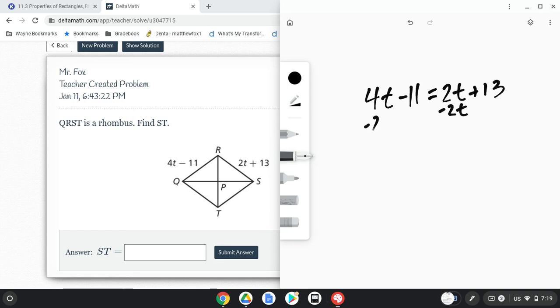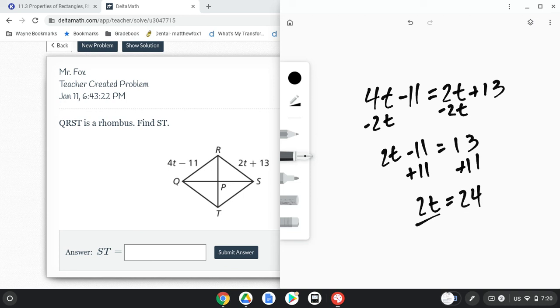So we can subtract 2t. Then we'll add 11. Then we have to divide by 2. T will equal 12.